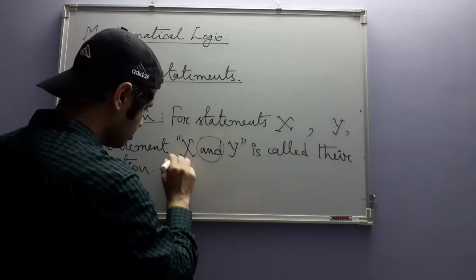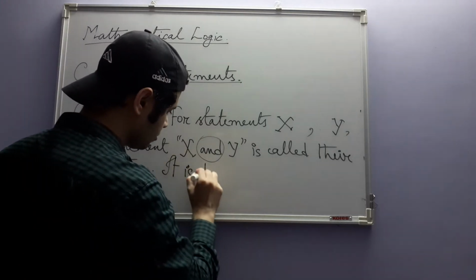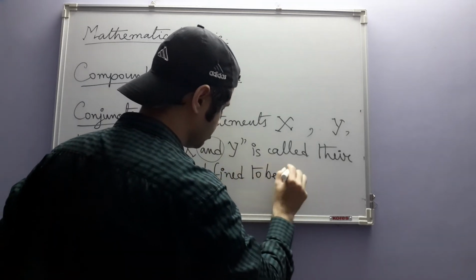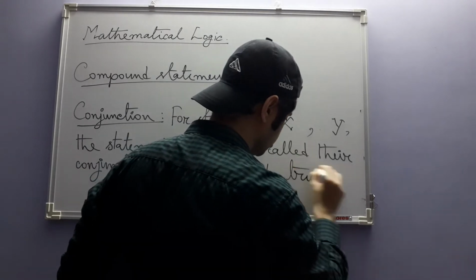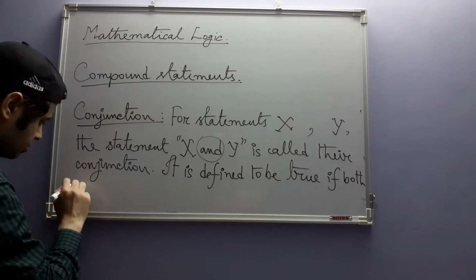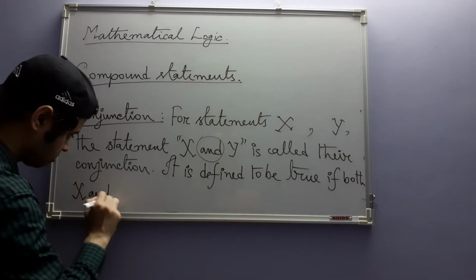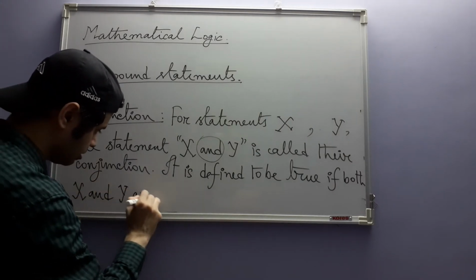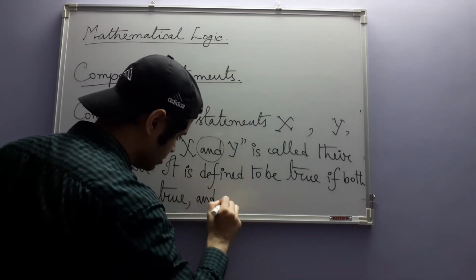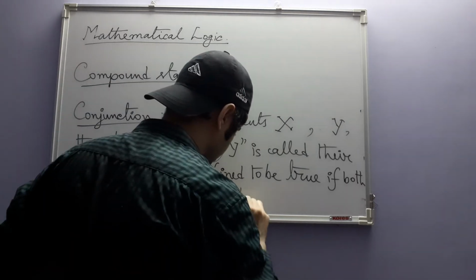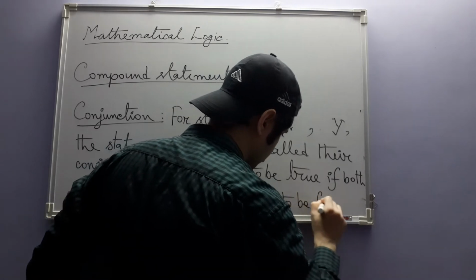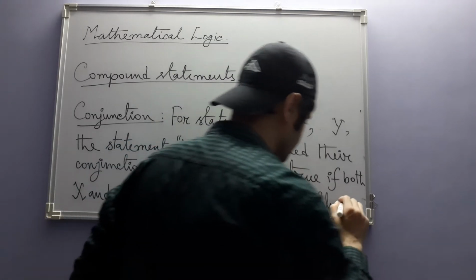It is defined to be true if both x and y are true, and is defined to be false otherwise.